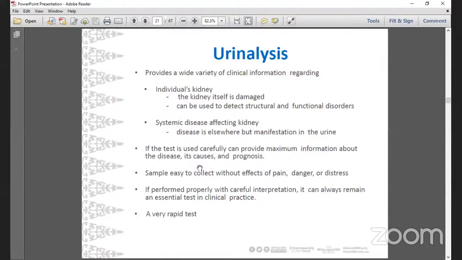If we maximize urinalysis, we can get a lot of information on the disease itself and its causes. In order for us to collect urine, it's a very simple procedure. And one more thing, urinalysis is a very rapid test.